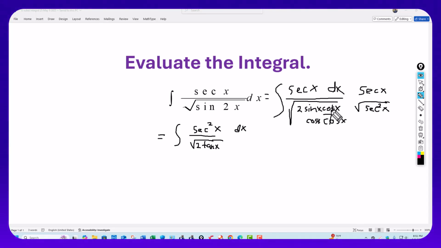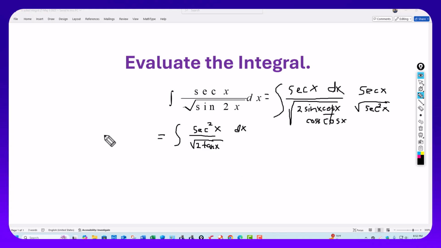And then under the radical, it becomes secant squared, because it's square root and square root. And then I change that to 1 over cosine squared, because secant and cosine are reciprocal. And I just break up the cosine squared. One goes under the sine, and one will cancel this one over here. And then sine over cosine is tangent, so I get this here.